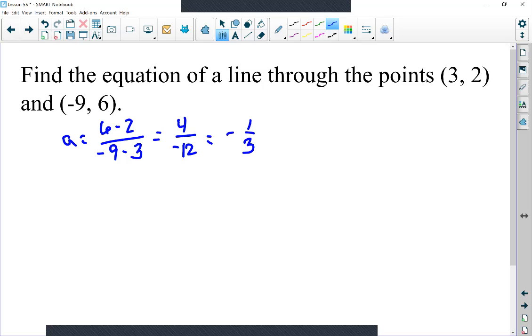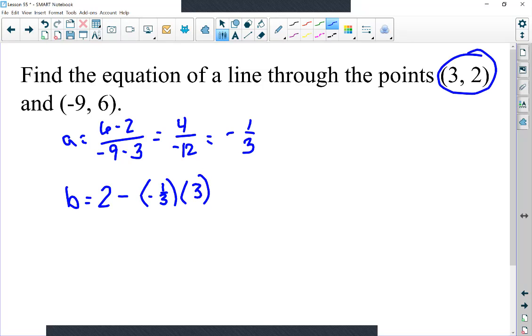To find our y-intercept, we need to pick one of those 2 points. Which point do you want to use, the first one or the second one? The first one? All right. You can use either, and I'll show you that it works here in just a moment. But that said, take the y value minus the slope times the x value.